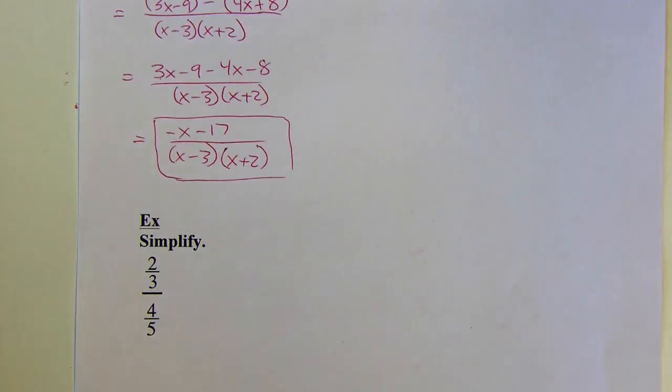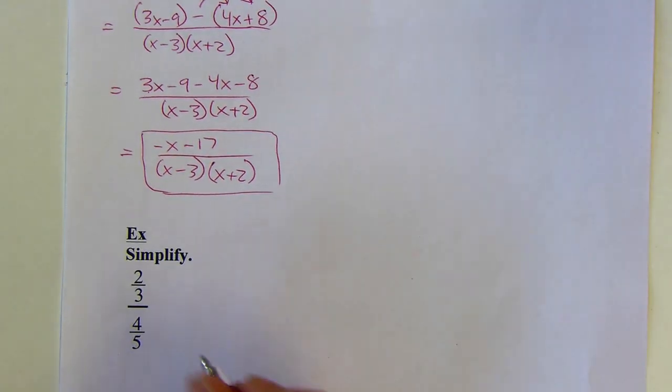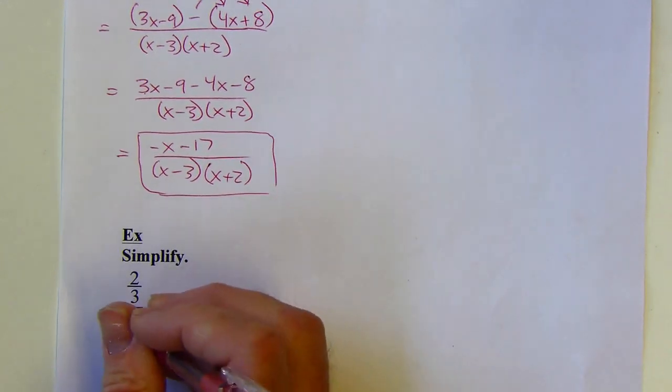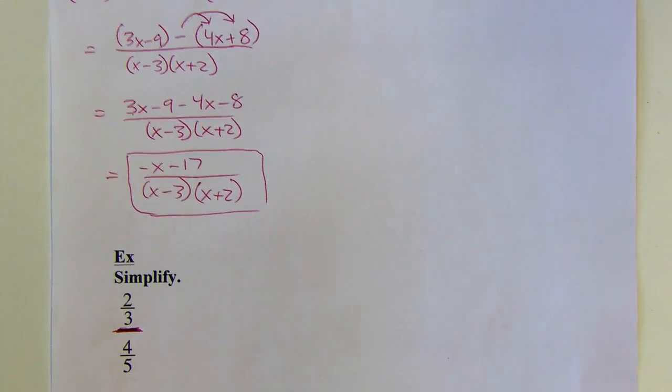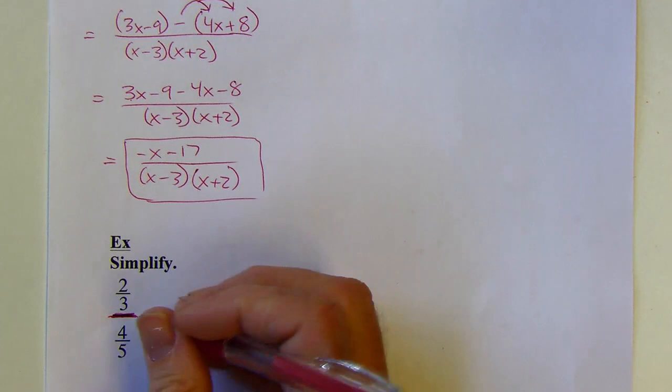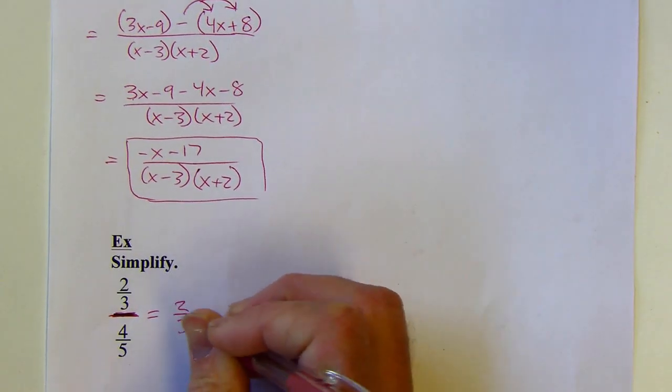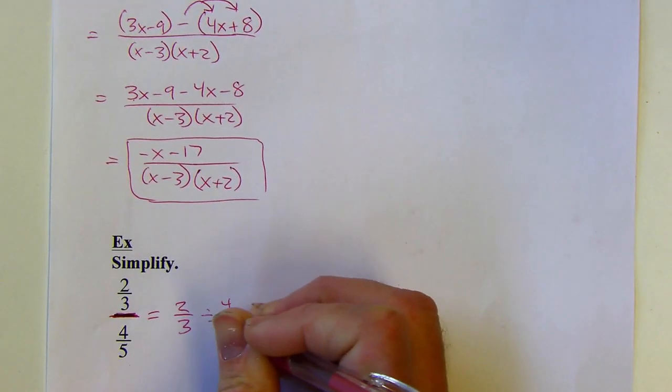Complex fractions, that just means we've got more than 2 layers in our fraction. Okay, so this can look intimidating, but the way to handle it is to just think of it as a division problem. So this is going to be 2/3 divided by 4/5.